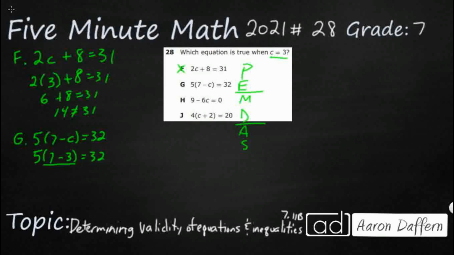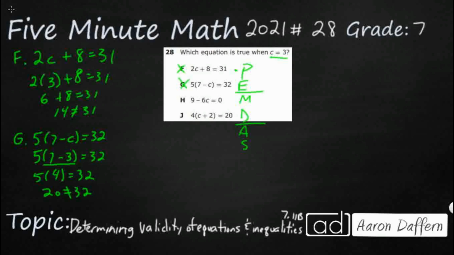So we deal with whatever's inside the parentheses first. We do order of operations even inside the parentheses, since that's our first one. But there's only one operation. We're going to subtract. So it's 5 times 7 minus 3 is 4. We know that 20 does not equal 32. So it's not G either.